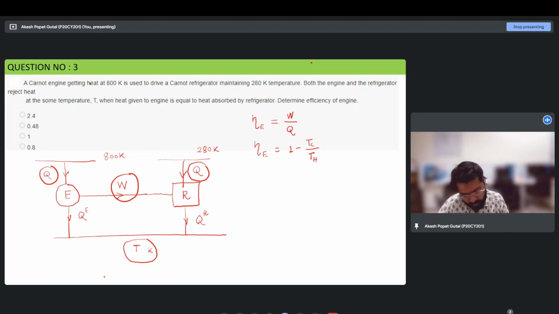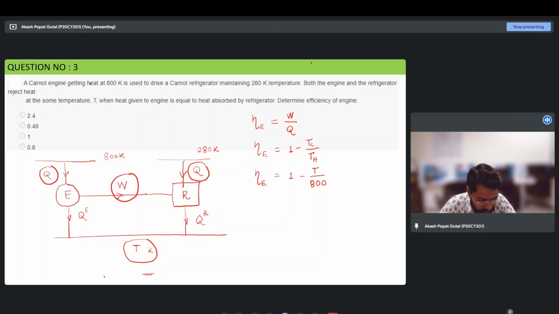We know T cold for the engine is T, and T hot is 800 Kelvin. So we simply write T divided by 800.